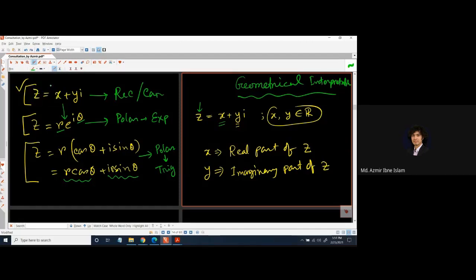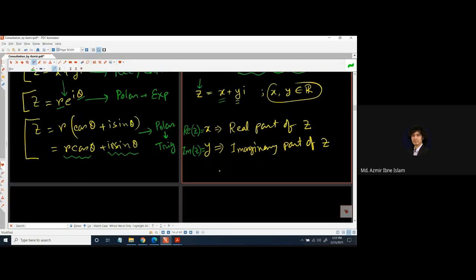Real part of z is denoted by this notation, Re of z. That means inside the parenthesis we have z. So Re is the short form of real part. For imaginary part, in short, we can write Im. So Im of z means y.